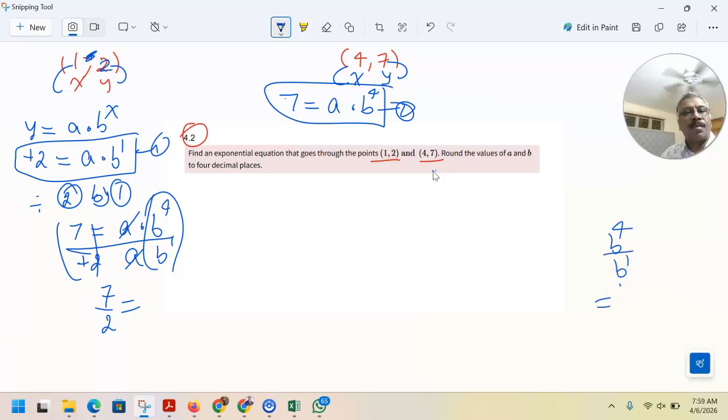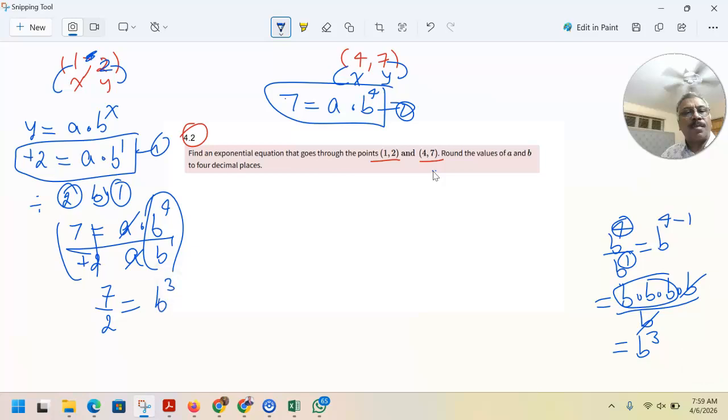Actually, there are 4 b's multiplied. One of the b's crosses out, so there are 3 remaining. And that's why the formula is b raised to 4 minus 1. So when dividing, you subtract exponents and you get that answer. So this becomes b raised to 3.